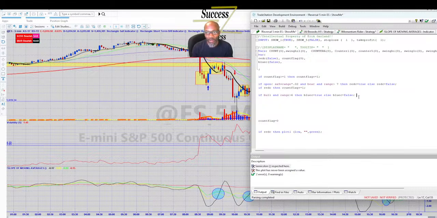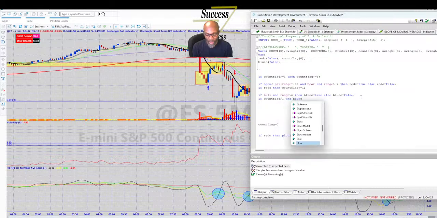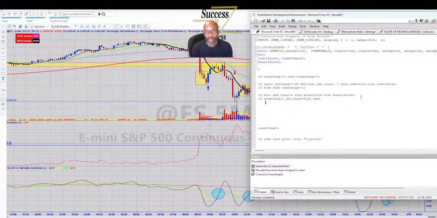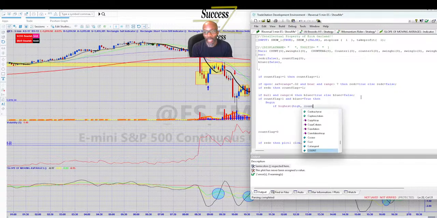Okay, so if our count flag is greater than 1 and blue candle equals true, then we want to say, if highest of what? The high of how many, count flag.